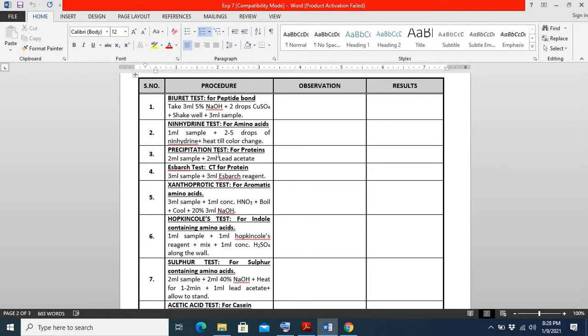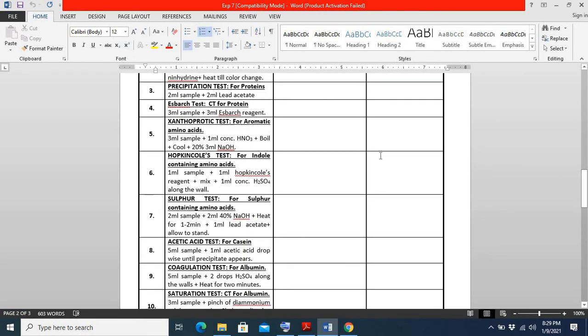Now after that we will perform a confirmative test for more confirmation, a cross check of whether the sample contains protein or not, whether the precipitate we have in the unknown solution is actually protein or something else. For this purpose we will perform the Esbach test.